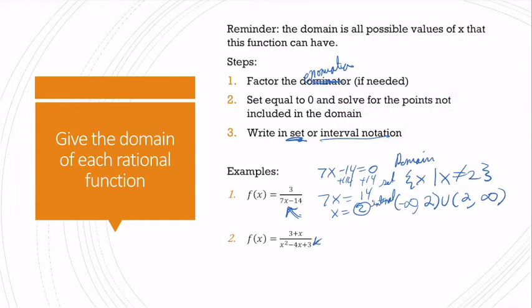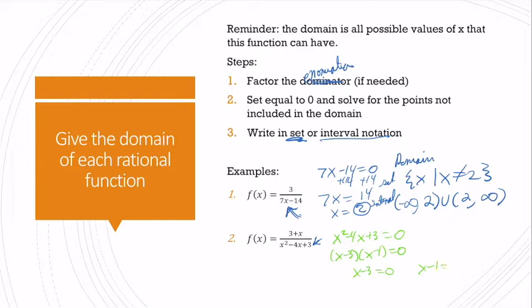I have f of x equals 3 plus x over x squared minus 4x plus 3. I need to go ahead and factor this denominator. I think, okay, what are the factors of 3 that add up to negative 4? And that's going to be negative 3 and negative 1. So I set each of these equal to 0.